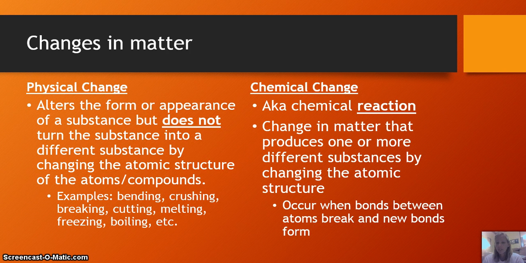When a chemical change occurs, a new substance is created, and this occurs when bonds between atoms break and new bonds form, and this would be the creation of a new one.